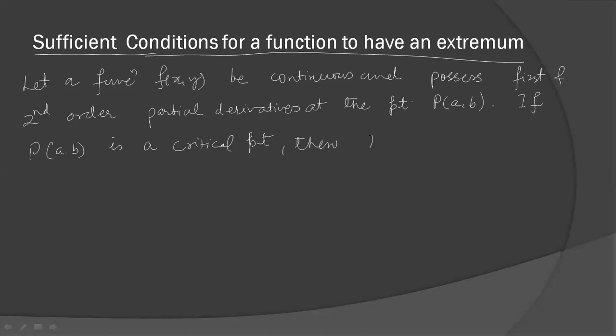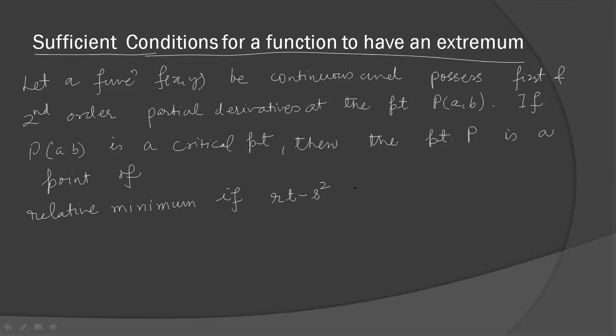then the point P is a point of relative minimum or local minimum if rt minus s square is greater than 0 and r is greater than 0.